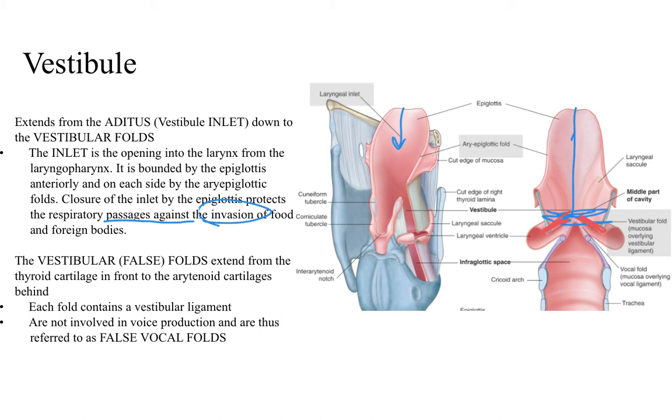And these are not involved in producing sound. They're not involved in producing vocalizations. So even though they look like vocal cords, they are not our true vocal cords, and that's why we refer to them as false vocal cords.